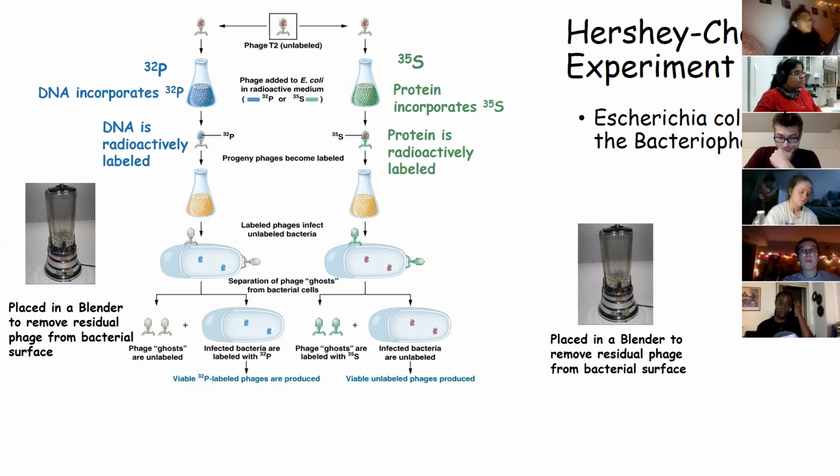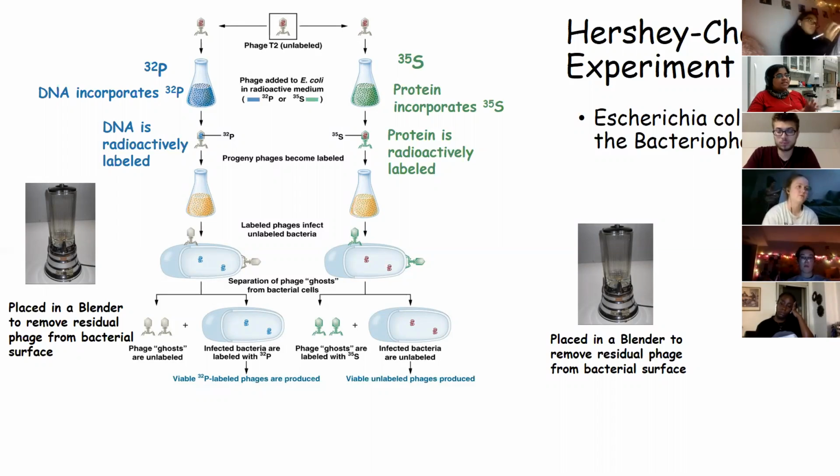Since DNA has phosphorus and protein has sulfur. Yep. So the blender part is a way to remove it, separating out the phage and the bacteria.